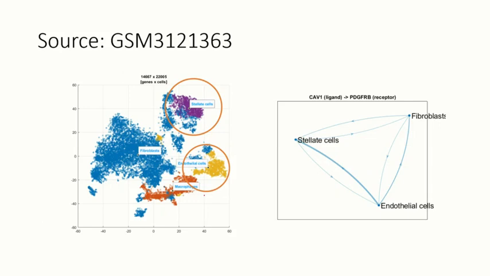How can I compute that score? It's just product, the expression level, okay? I found this direction has higher value. So I will focus on this as a donor source of the ligand of this, and this as a receptor cell type in the stellate cell.